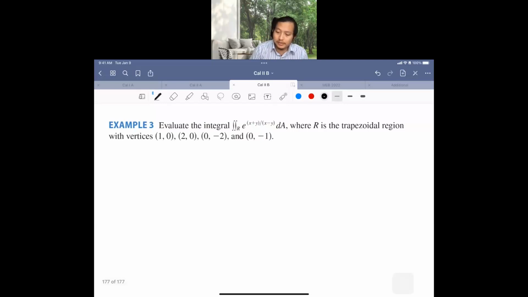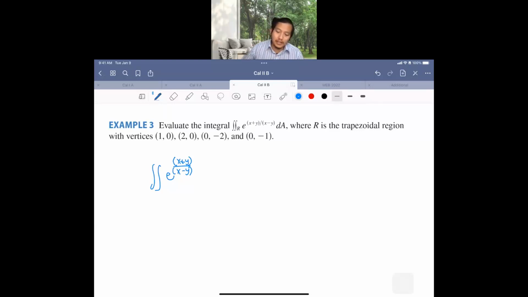Okay, if we look at the function itself, e to the power of x plus y over x minus y, if we could imagine some integration using this function, I believe this is not an easy task, right? It's not easy to integrate this.